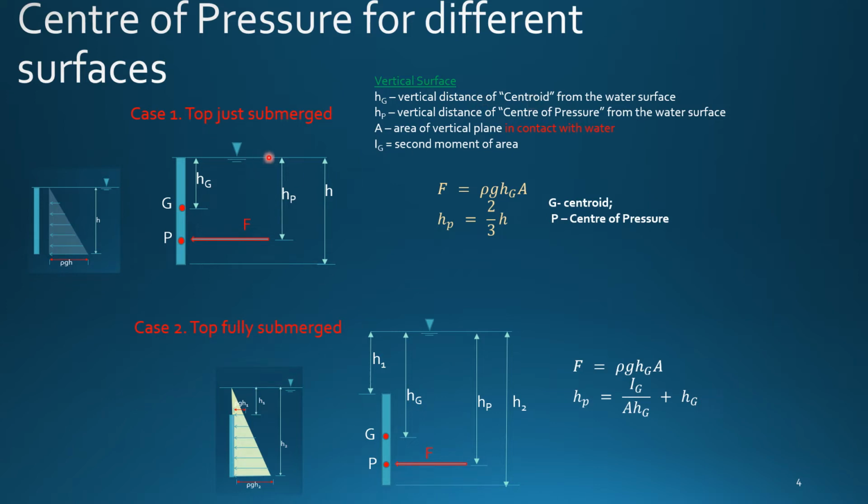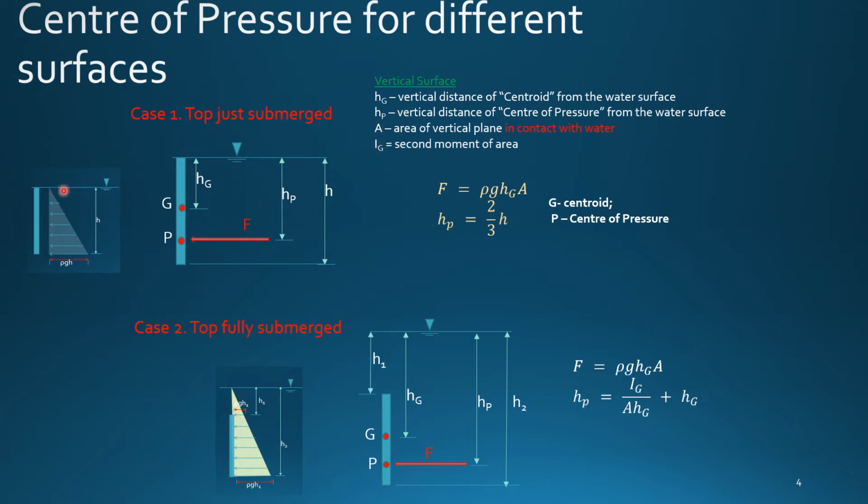Okay, so from the water surface to the centroid of the object. That is Hg. The distance from the surface to the center of pressure is Hp. The area of vertical plane that is in contact with water is A, and Ig is the second moment of area. So these are the main important parameters we need to calculate the center of pressure.